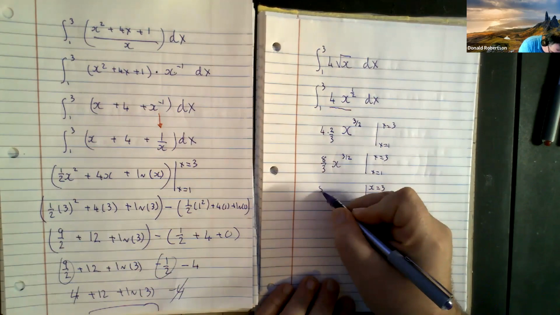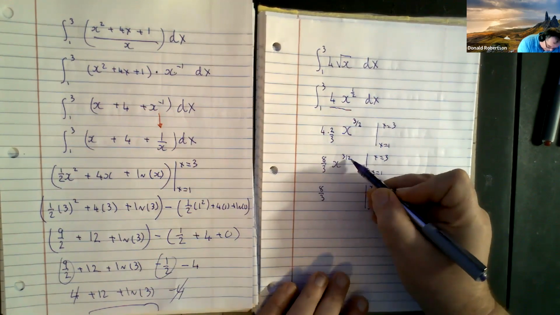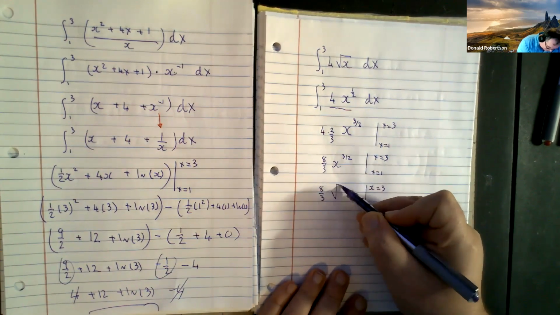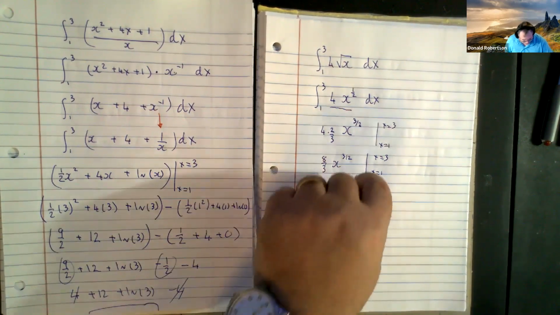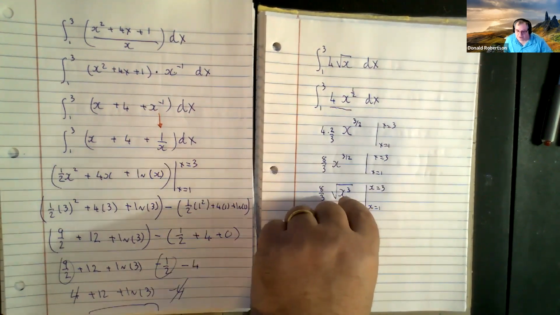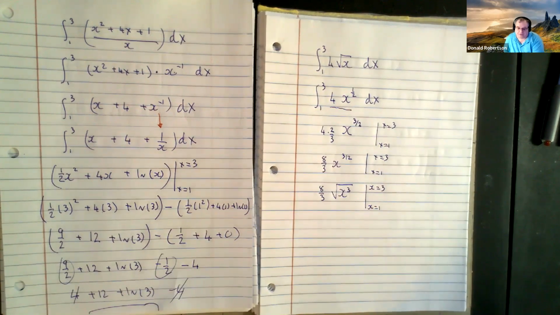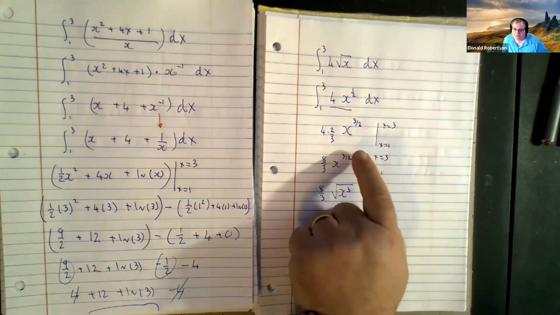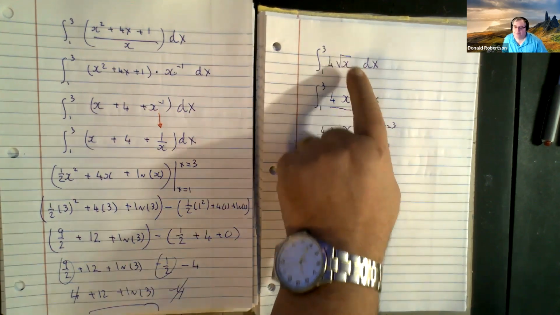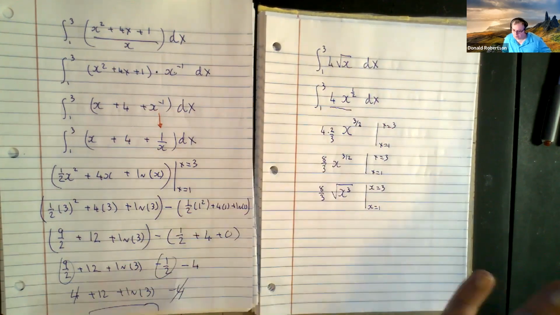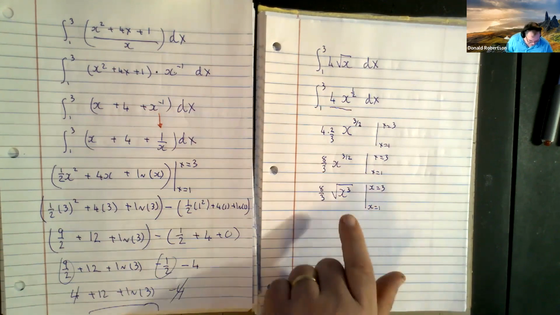So what I'm going to do is realize that a square root is a half and 3 halves gets me that. So this guy is the equivalent of that guy. So that's a little bit of algebra that you have to be aware of. Fractional powers can be turned into radicals. Radicals can be turned into fractional powers. Both processes get used.